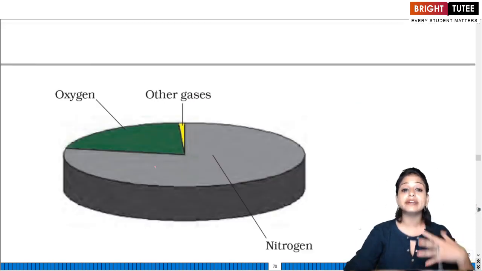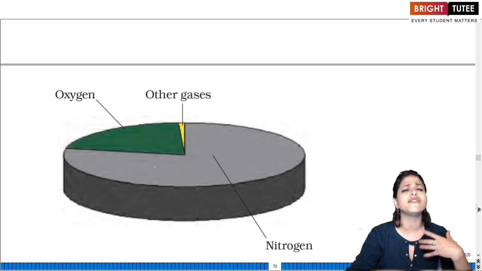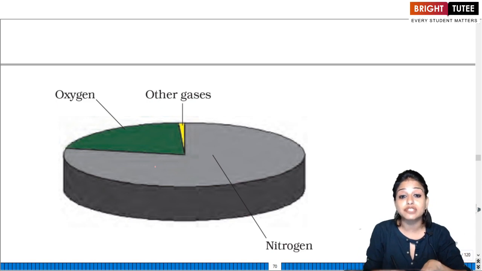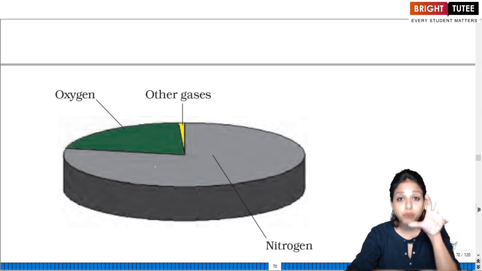Now it is very interesting to know that graphs cannot be only of one type. There are various types of graphs. One such is the bar graph, which we have just seen. Another kind of graphical representation is a pie chart. Now what is a pie chart? In a pie chart you can mention which portion belongs to what.